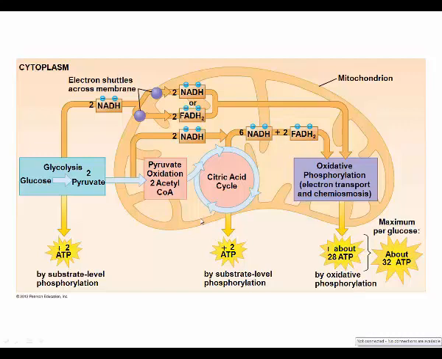So to summarize, we have 2 ATP from glycolysis, 2 ATP from the citric acid cycle, and then about 28 total ATP from the input of NADH and FADH2. What we get for every 1 molecule of glucose is about 32 ATP, each one with its 7.4 kilocalories per mole of energy to be used in the cell.